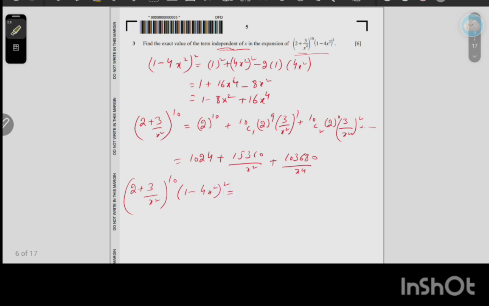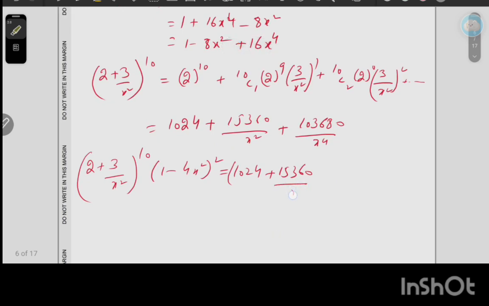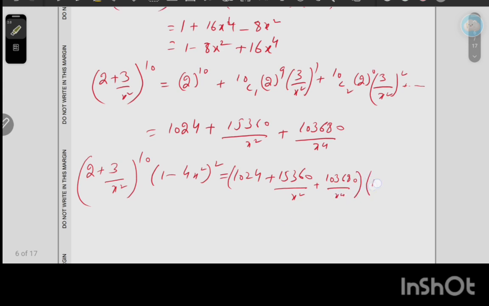So what will be here? Simply 1024 plus 15360 divided by x² plus 103680 divided by x⁴, multiplied by 1 - 8x² + 16x⁴. Dear friend, 1024 multiplied by 1 gives 1024.